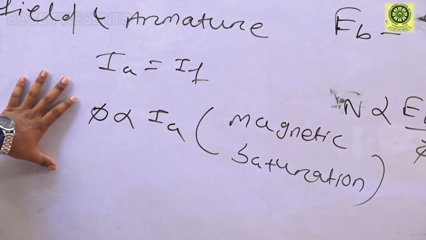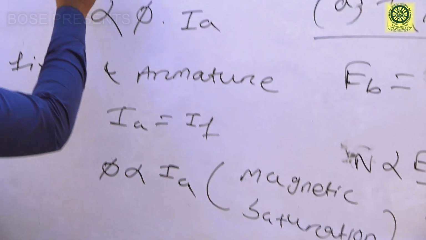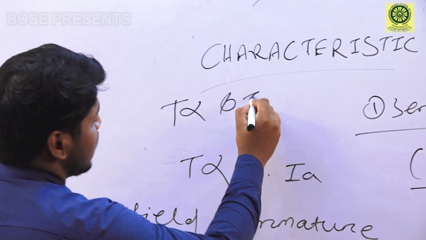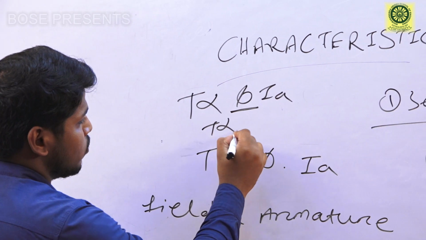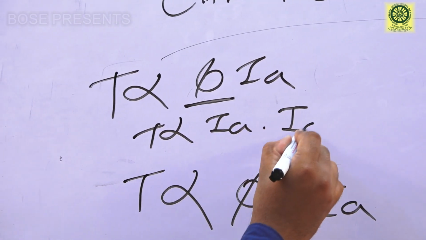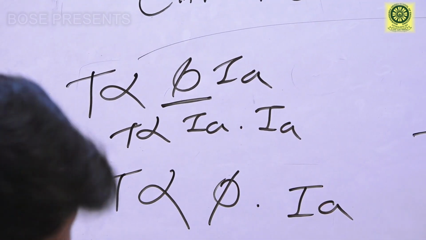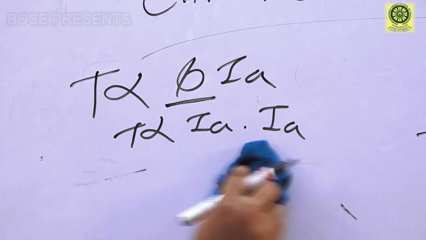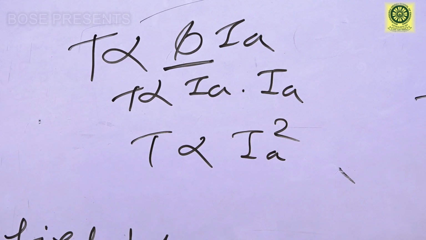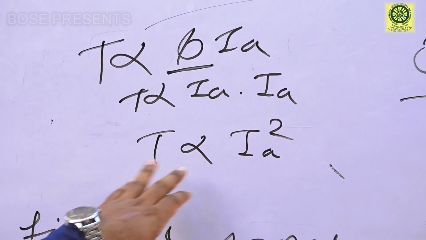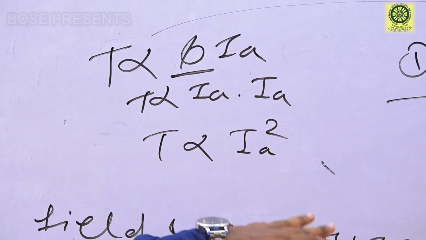Up to the point of saturation, T is proportional to phi Ia. So we can put the value of phi, T proportional to Ia, so T is proportional to Ia square. Up to the saturation, the torque is directly proportional to the square of the armature current.